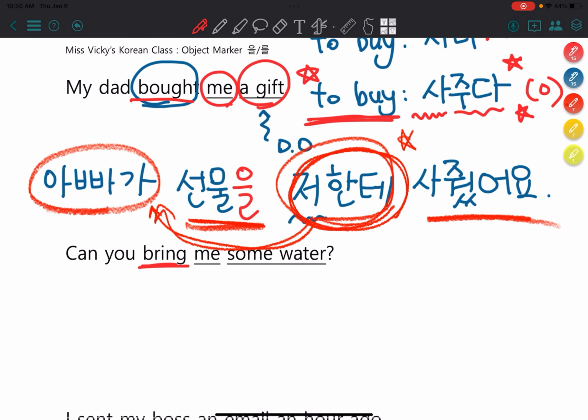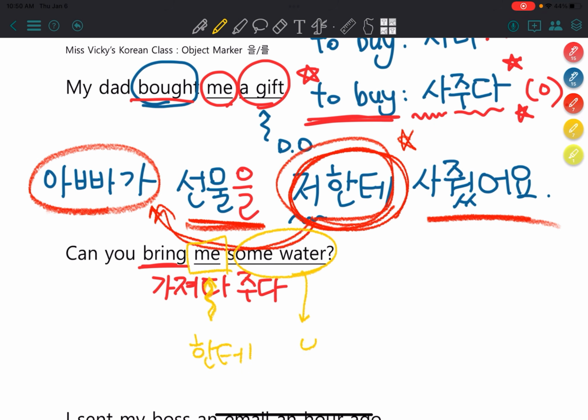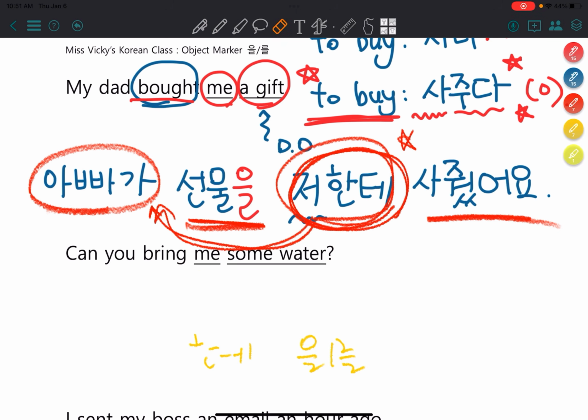This one. Bring is also another bestowal verb, and you can use 가져다 주다. And I think if you guys got the hang of it, you guys can guess that you mark me, the receiver, with 한테 or 에게, and some water with the object marking particle, right? So with that in mind, let's try translating this sentence. Can you bring me some water?